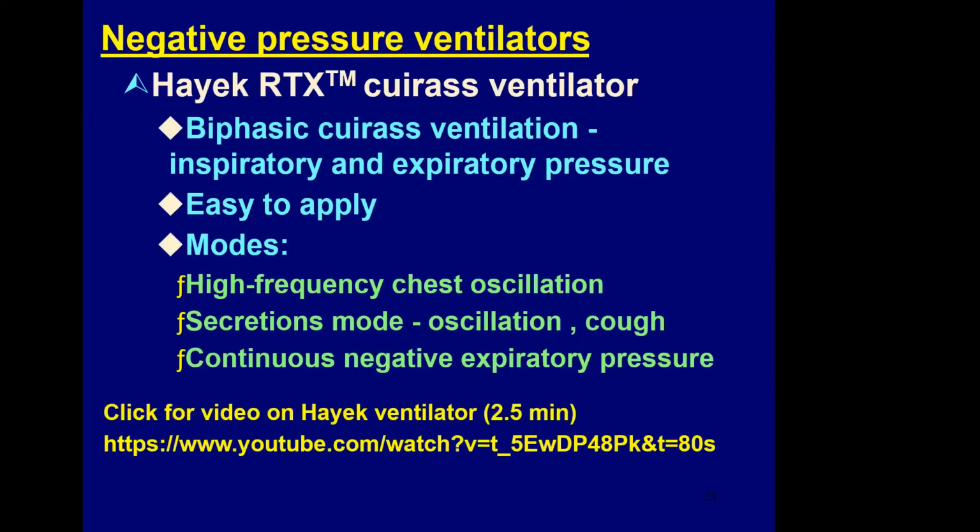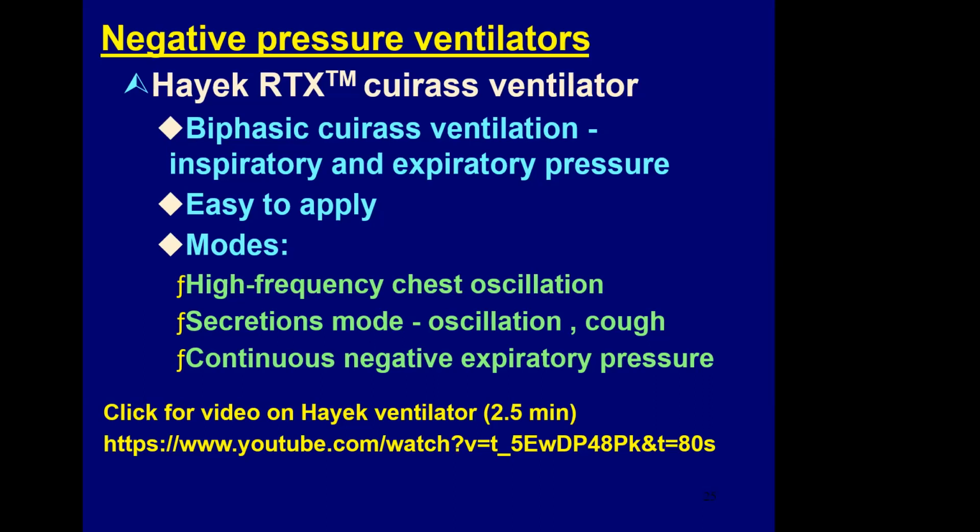Okay, let's talk some more about the HYEC RTX cuirass ventilator. This applies biphasic cuirass ventilation with both inspiratory and expiratory pressure. This one is the easiest one to apply. It just attaches to the chest.